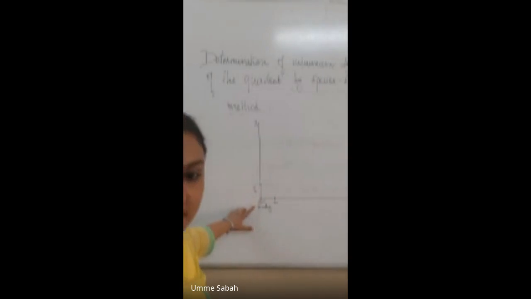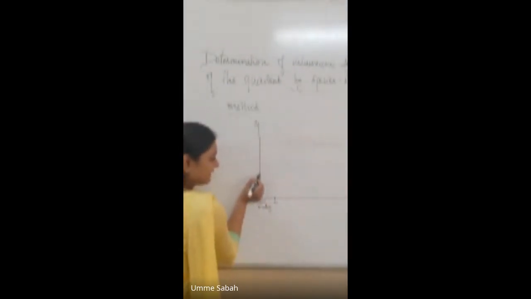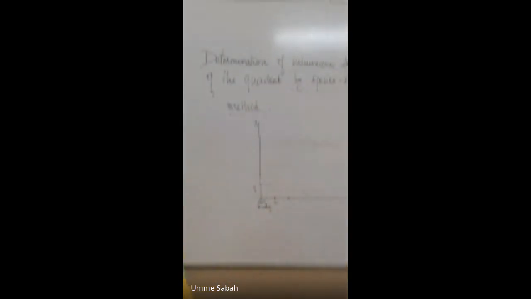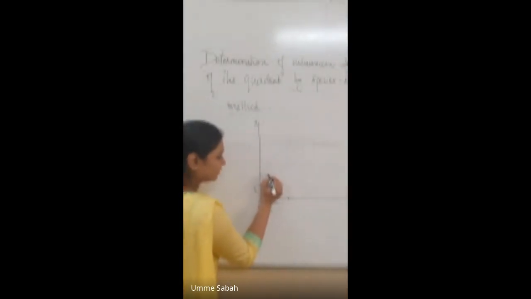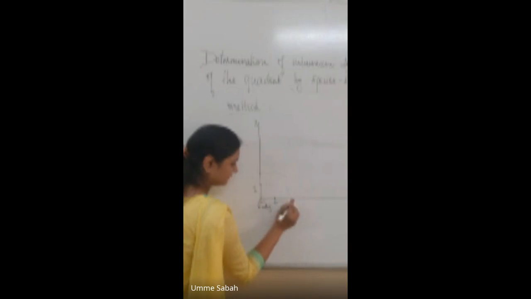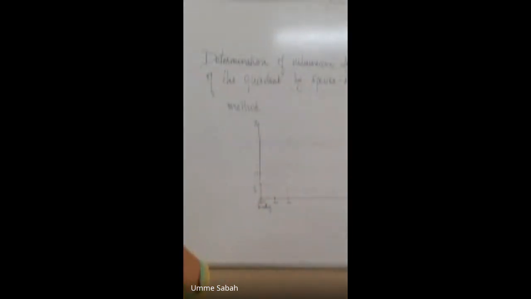Keep your scale on the same 0.0 reading and go for 20 into 20 area. If I keep my scale here, this will be my 20 and this will be my 20 on the x and y axis. So I will cover this area using my dotted line as 20 into 20 area.